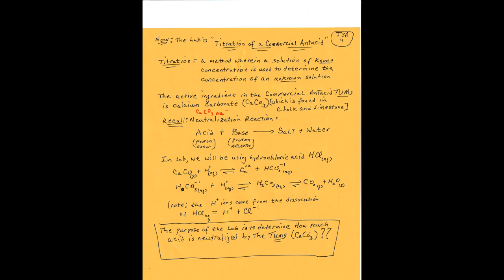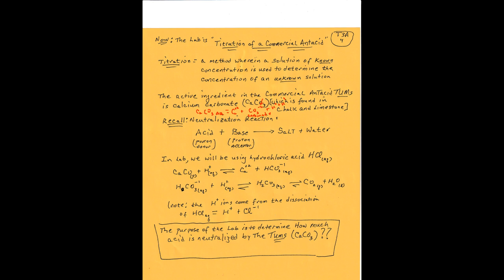In water, this breaks up into Ca ions, and you get CO3, the carbonate, polyatomic carbonate. Notice it has a -2 charge, so it wants to add 2 protons. So it's a proton acceptor. So calcium carbonate is a base.